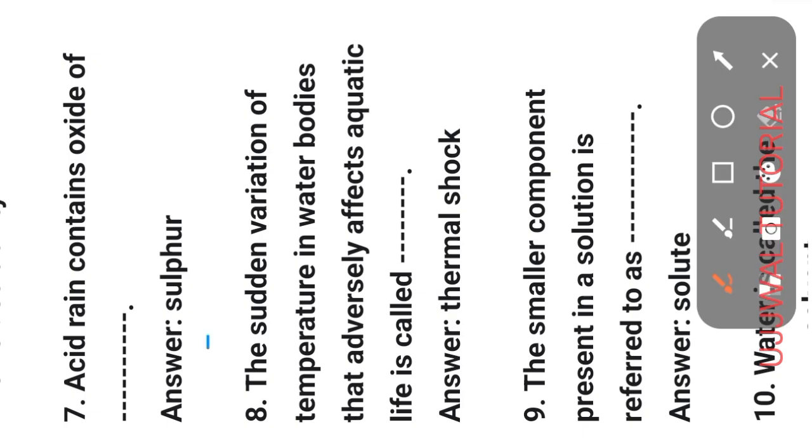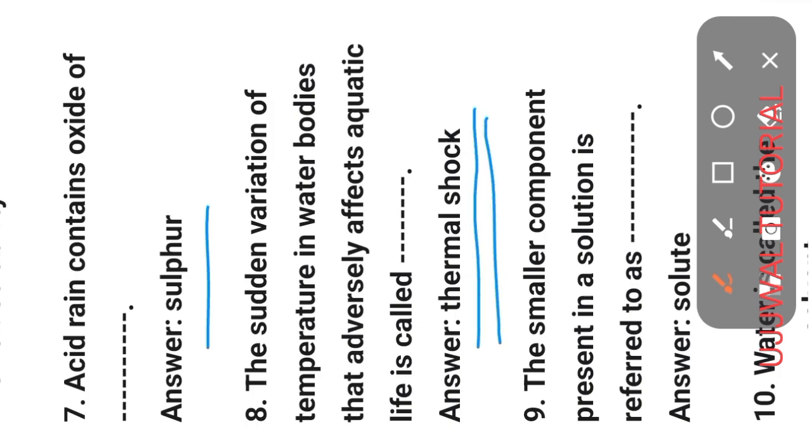Acid rain contains oxides of sulfur. Next question, question number 8. The sudden variation of temperature in water bodies that adversely affects aquatic life is called thermal shock.